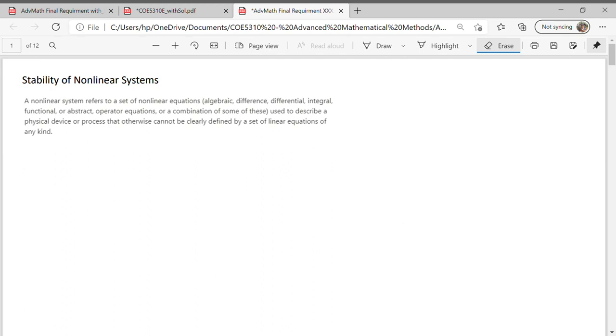So from the previous video, we solved for linear systems. In that example, we simply put the equation coefficients in a matrix format and solve for the eigenvalues of that matrix.